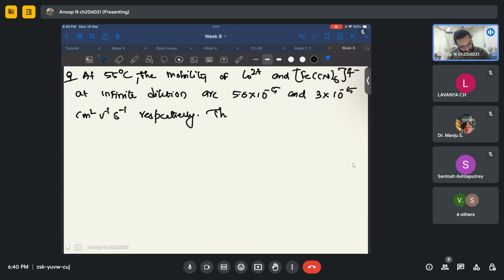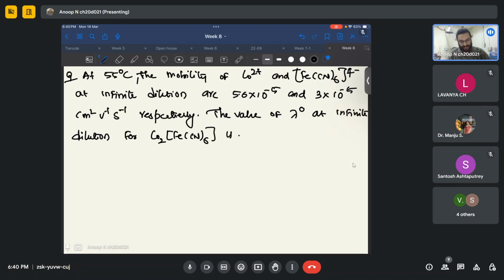The value of lambda 0 at infinite dilution for Co2 Fe(CN)6 is... Have you seen this question anywhere?